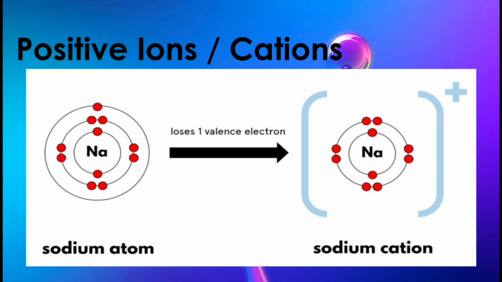In the case of sodium, there are 11 protons and 11 electrons, but after the loss of one electron, sodium will have 11 protons and 10 electrons. So that's why it will get a positive charge, and the name of the ion is sodium cation. So this is how cations are formed.